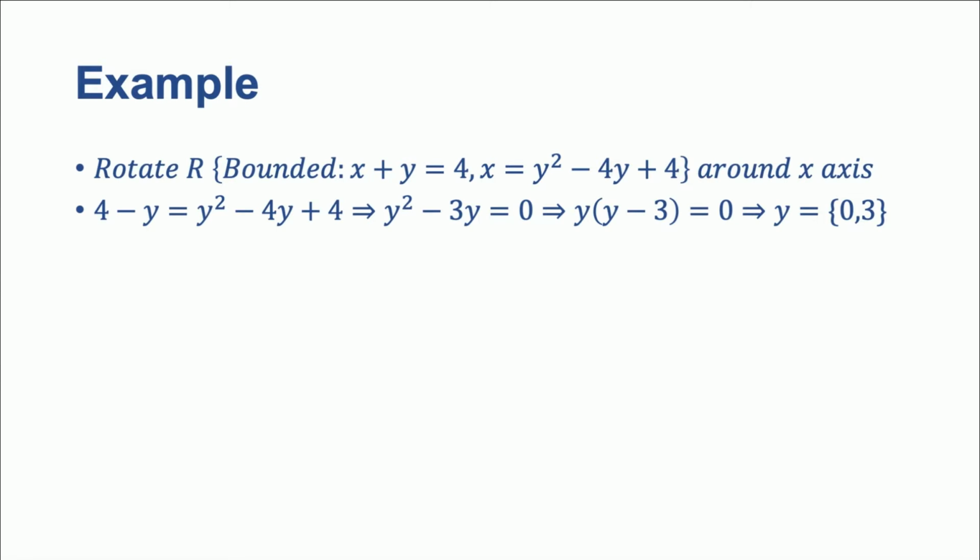Factoring that, we can take a y out, giving us y times y minus 3 is equal to 0. Then we can easily see that our zeros are 0 and 3. Now we know what we are integrating over.